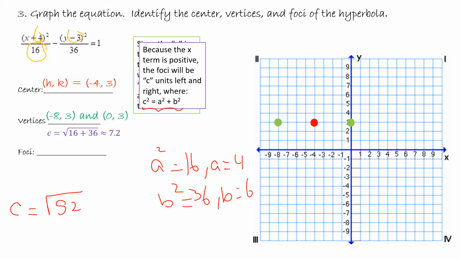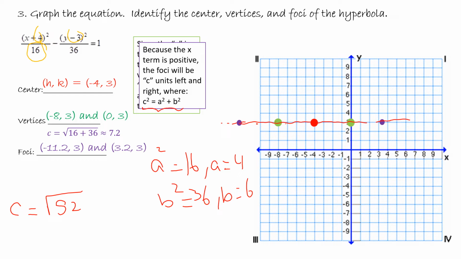So from the center, I'm going to count root 52 to the left, root 52 to the right. Root 52 is 7.2, and I put that on the transverse axis. This here we call the transverse axis.